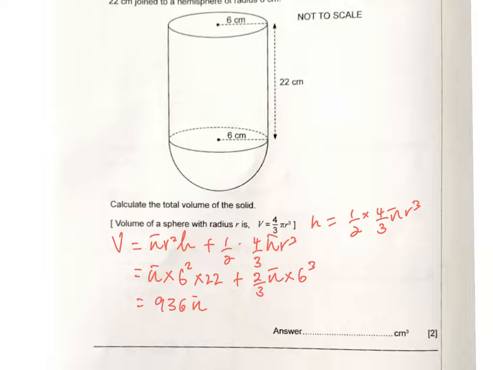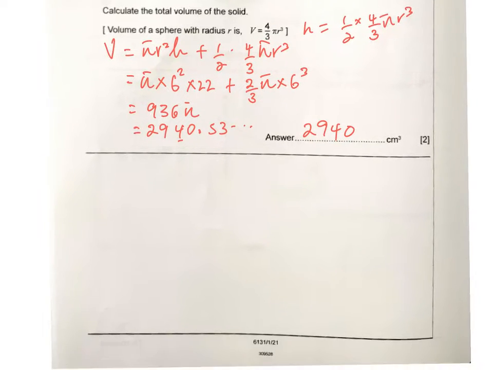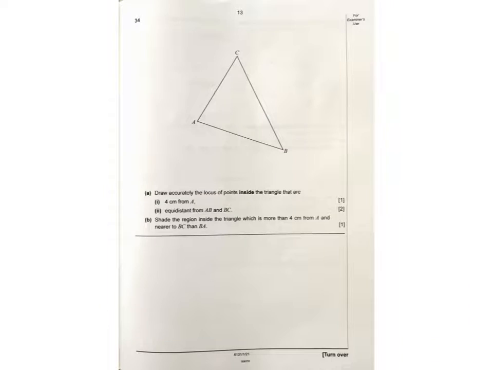You are not allowed to leave your answer in terms of pi unless they stated it, but if they don't, then you need to leave it to the required degree of accuracy, which is 2940.53 ... to 3SF, this is just 2940. Okay, that's that, and then we go to the next question.